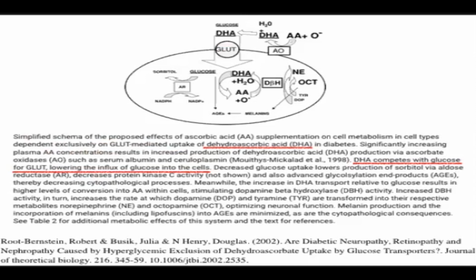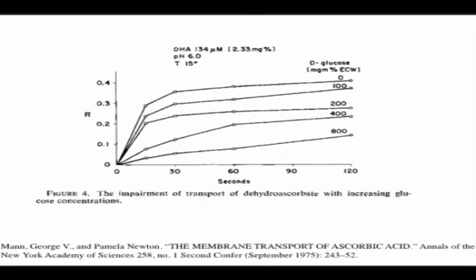They compete for uptake in the cell. This was shown back in 1975 by Mann and Newton, where they actually were doing infusions of glucose and showing how the absorption of the vitamin C was going down and down the more glucose was coming into play.